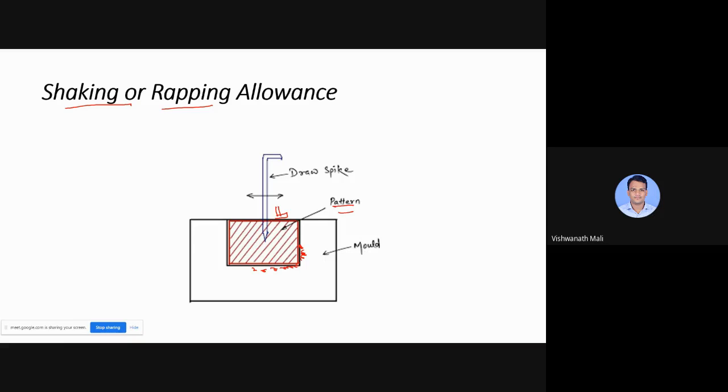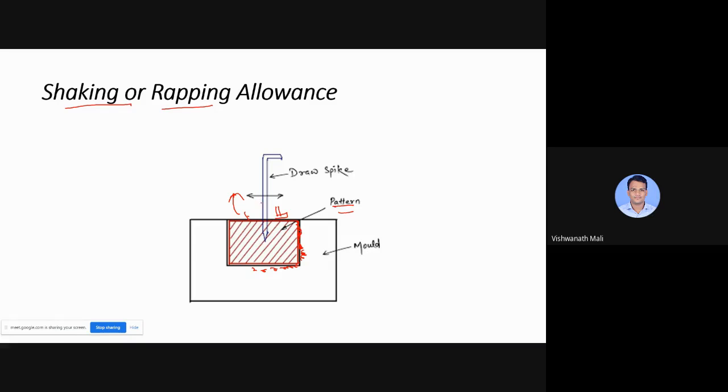Now, when we try to remove this pattern, it is difficult to remove as the sand is closely packed and attached to our pattern. So in that case, we simply press or shake this pattern and try to loosen that sand from our pattern. And once it is loose, we remove this pattern.